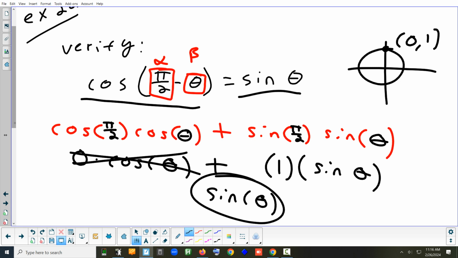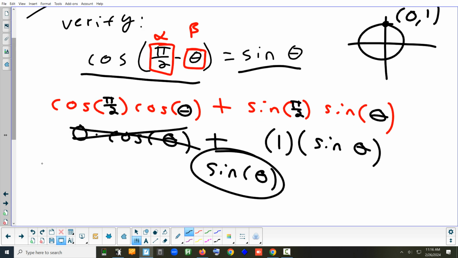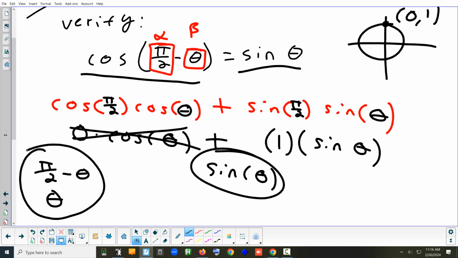And if you look at this angle and this angle, just compare these two numbers: pi over 2 minus theta, and theta. If you think of it in degrees, what kind of angles are these? Pi over 2 minus an angle, and then the angle. Oh, complementary.